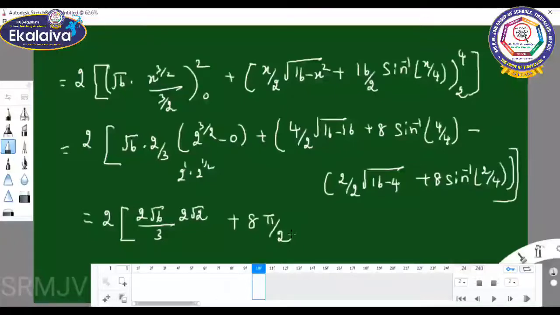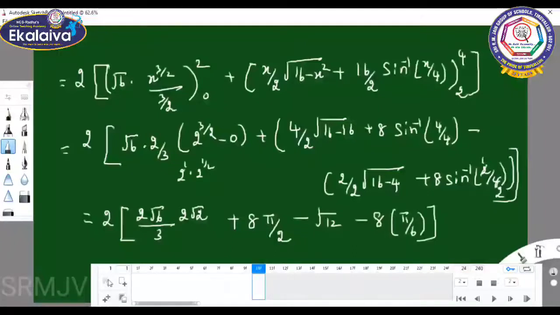Sine inverse of 1 is pi by 2. Here minus root 12, minus 8 into sine inverse of 1 by 2. Sine inverse of 1 by 2 is nothing but what? Pi by 6.